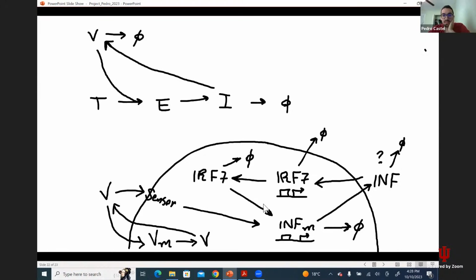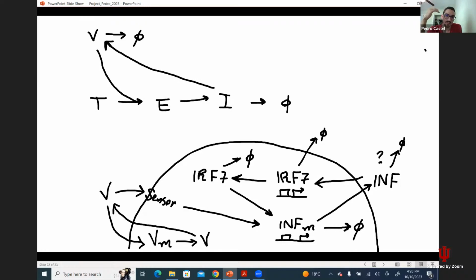So this is a feedback loop from the point of view of the interferon, and everything decays. So IRF decays, both RNAs decay, and the interferon decays. And the virus, it injects mRNA in the cell that produces virus and that releases virus. So this is as simple as I could do using RNAs.